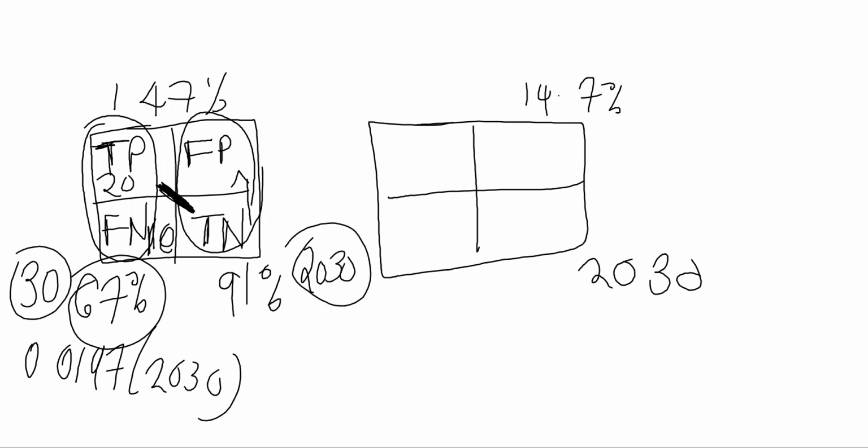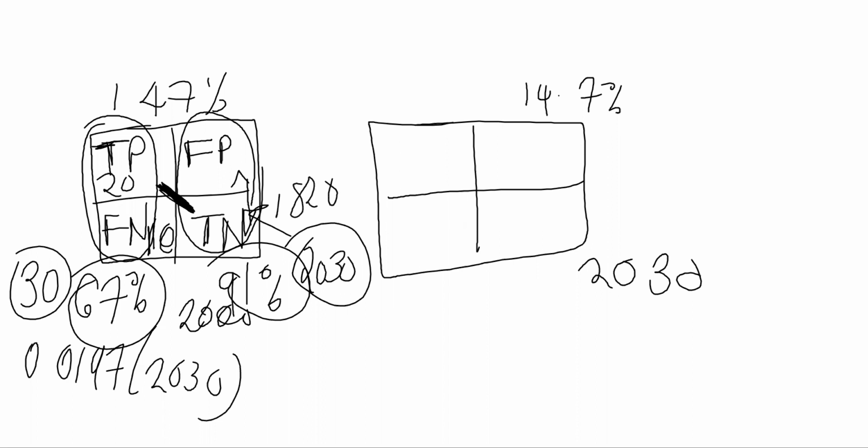So 2030 minus 30, we get 2,000. Great, so 2,000 times 0.91 is going to give me my true negative. And that number, let me look it up here real quick, turns out to be 1820.